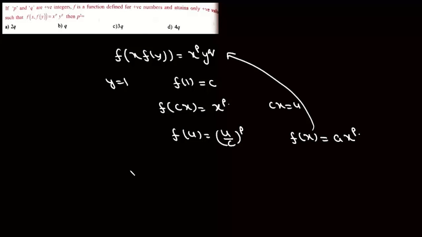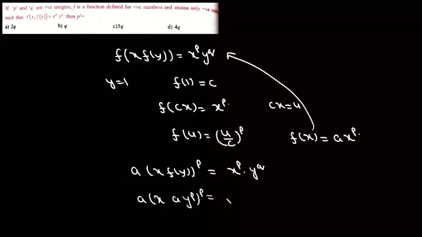Now we substitute it in this given equation. Then it'll be (a x) times f(y) to the power p will be equal to x to the power p y to the power q, and this is (a x) and f(y) is a y to the power p, whole to the power p, and will be x to the power p into y to the power q.